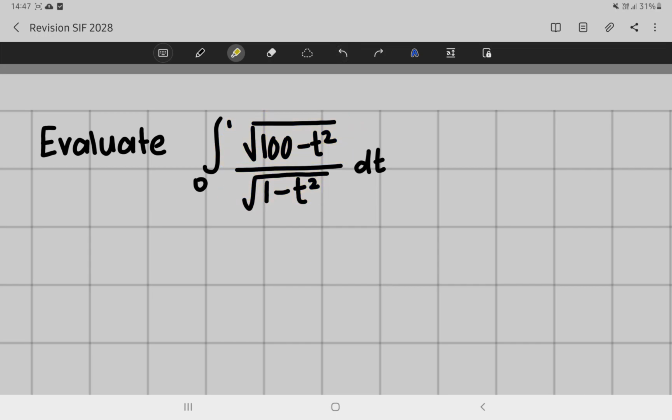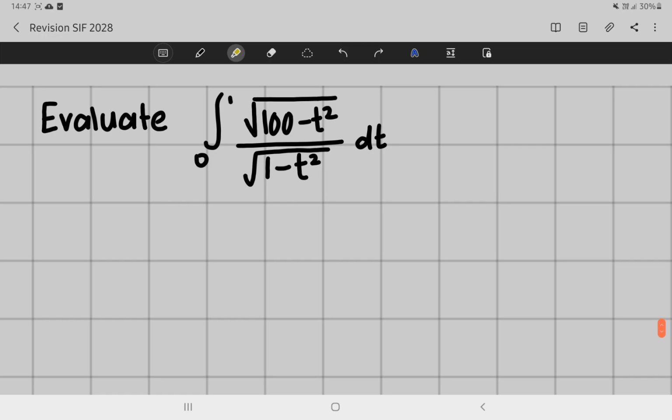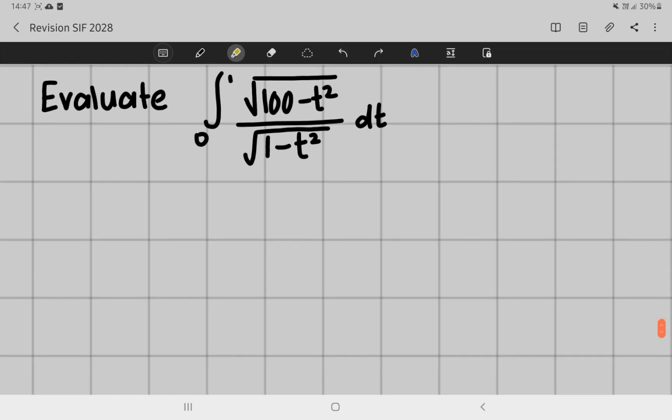I guess this should be clear for you to see that this, of course, has to do with the elliptical integral.